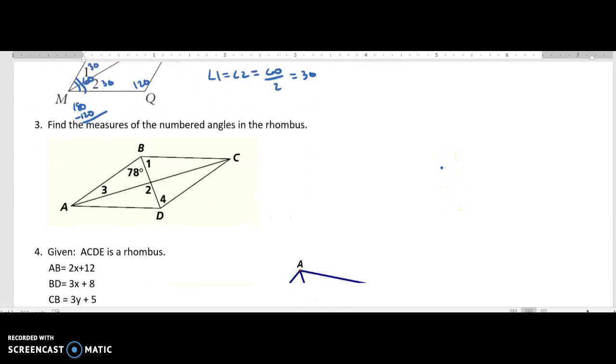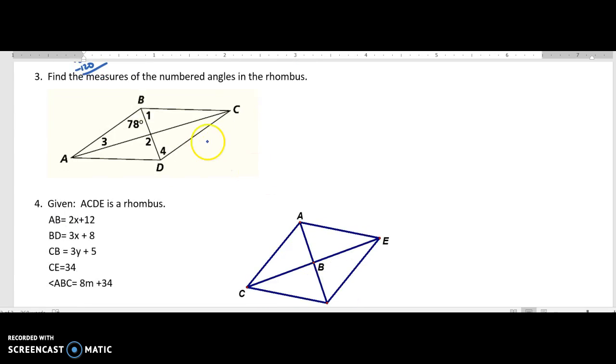Example 3. First thing I see right away, I know that all four of these angles are congruent. So if that's 78 degrees, I know angle 1 is 78 degrees, and I know angle 4 is 78 degrees. Even more important, angle 2 is going to be 90 degrees right away because these diagonals are perpendicular to each other.